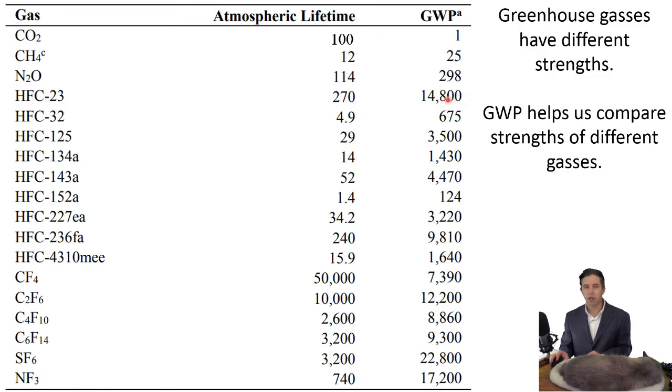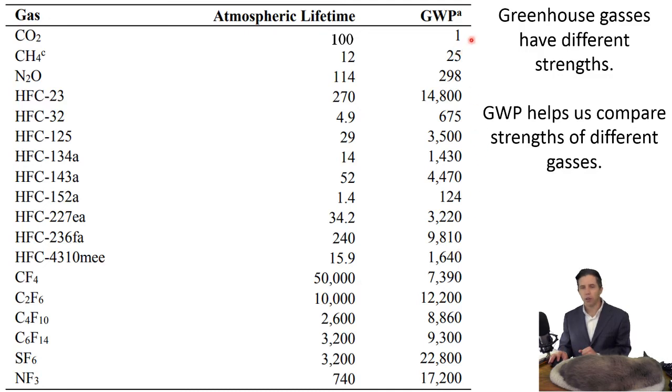So 1 single molecule of HFC-23 is worth about 15,000 CO2 molecules. Also notice that they are up in the atmosphere sometimes for a very long time. I mean, look at this, CF4 has an atmospheric lifetime of 50,000 years, meaning that once it gets into the atmosphere, there are no natural processes that break this down. It's going to be up there a very, very long time.